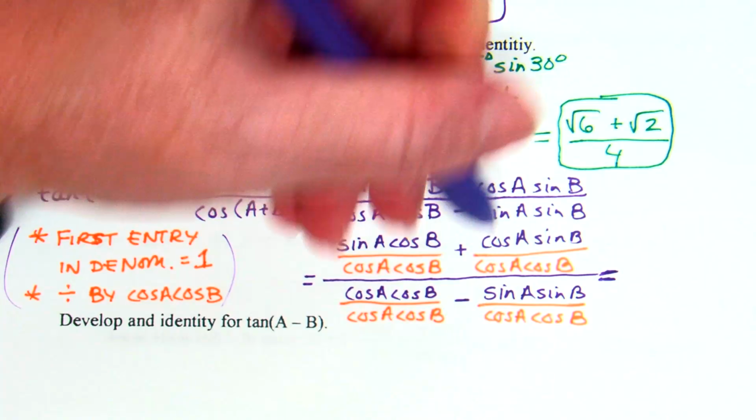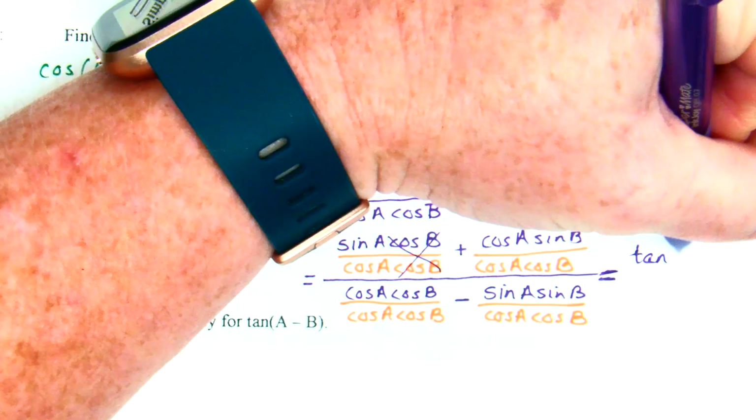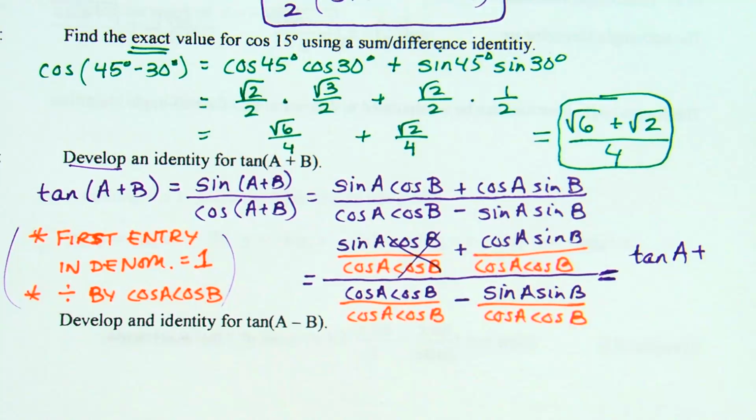And what remains? It's sine A over cosine A, which is tangent A. So this is going to be tangent A. Plus, what about the second part of the numerator? Cosine A's cancel. What do you know about sine B over cosine B? Tangent B. You see how this is coming along?